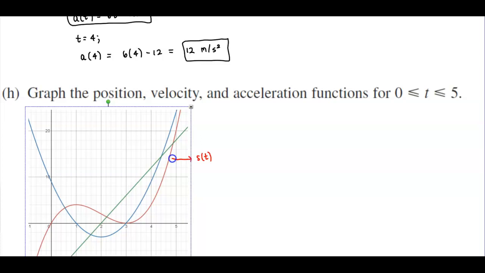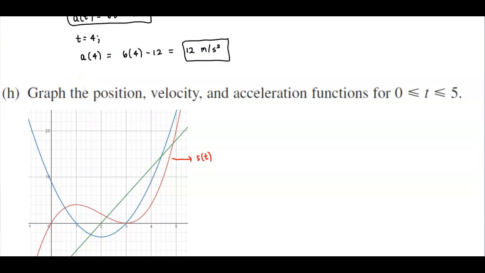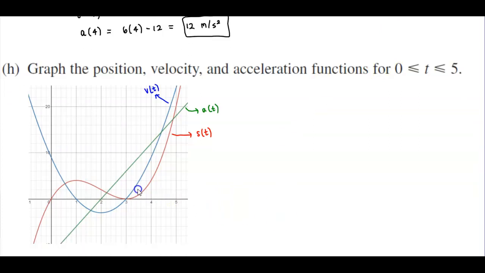That is the position function. The blue graph represents the velocity function, and the green graph represents the acceleration function. So here we can see what's happening with this graph.